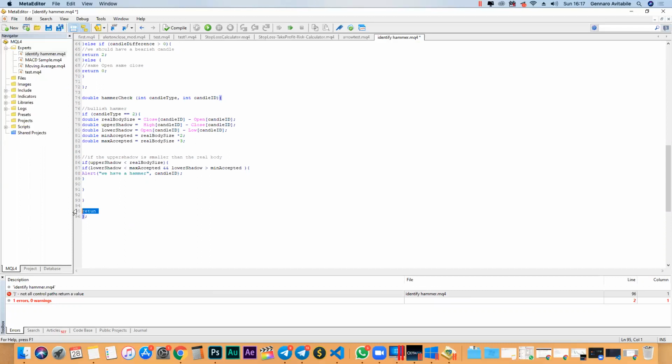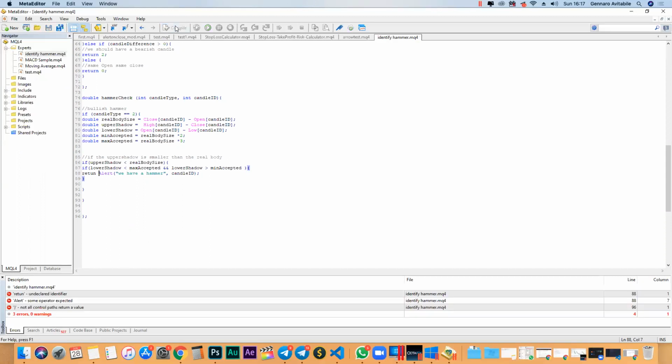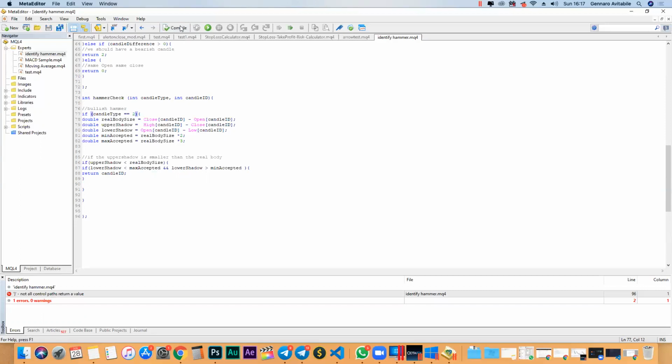Actually, you can't do this. So let's just return the candle ID. The problem is that the candle ID is not going to be a double, it's going to be an integer. So, compile.